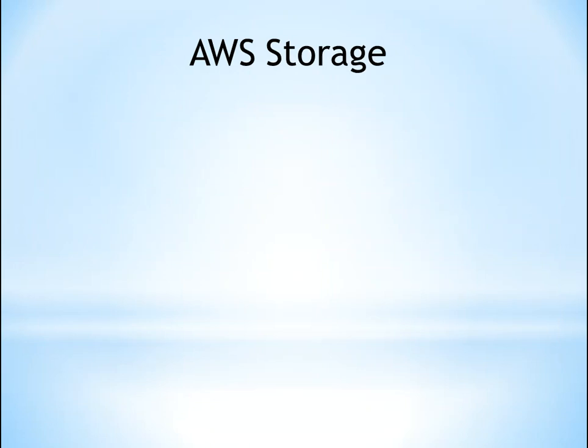And about Amazon storage. In AWS storage, we have around four storage phenomena. First, I'll discuss ephemeral storage. In the dictionary, ephemeral means temporary. And in AWS, it is an instance store.